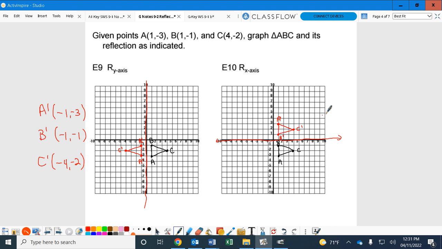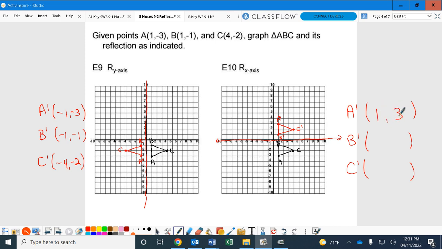Once you draw them, though, again, I keep trying to explain that the ordered pairs are worth more than the graph itself. So you've got to be able to name these points, not just put them on the graph. A is going to be to the right 1 and up 3. If it's to the right and up, what would that be? Both positive. It'd be 1, 3.